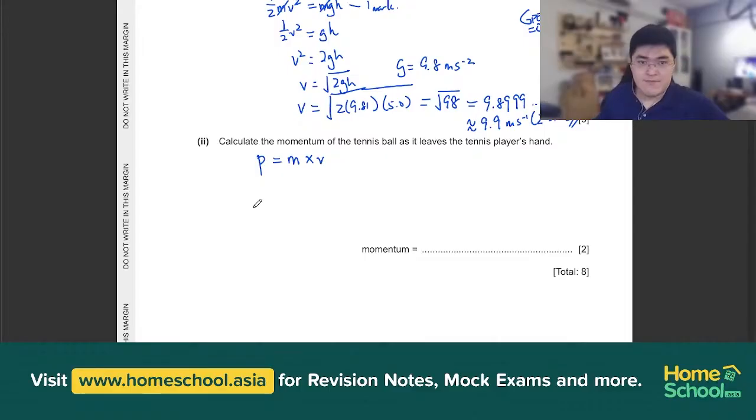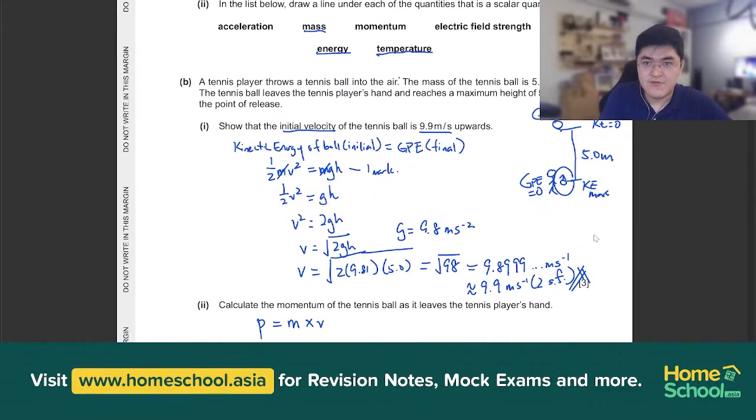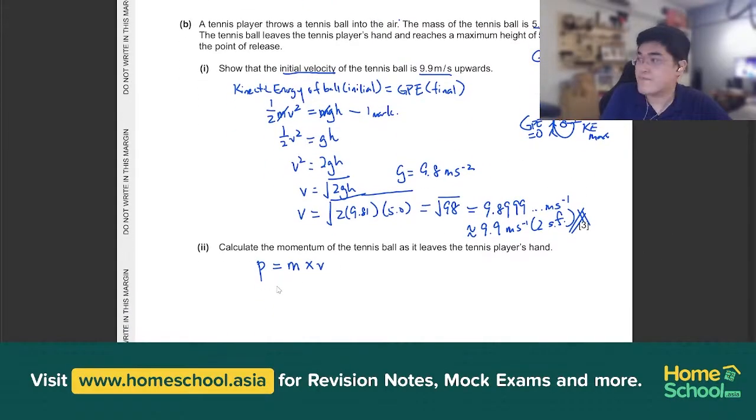The mass has already been given, 5.8 times 10 to the power minus 2 kilograms, multiplied by 9.9 meters per second, which is given right here.